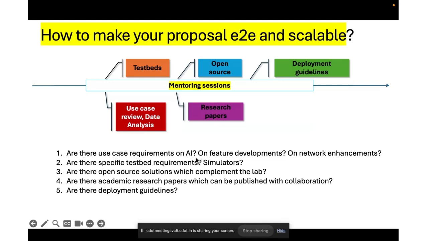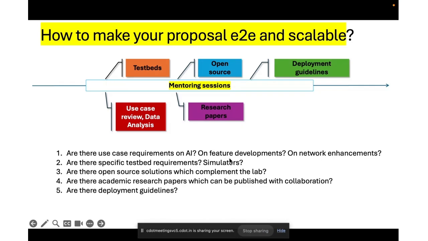Firstly, AI, features, and network enhancements. AI models, that I don't have to explain to anybody, right? Are there type of trainings, federated learnings? We discussed that already. Are there privacy preserving mechanisms for training, model orchestration? We discussed all this a little bit in the AI part.